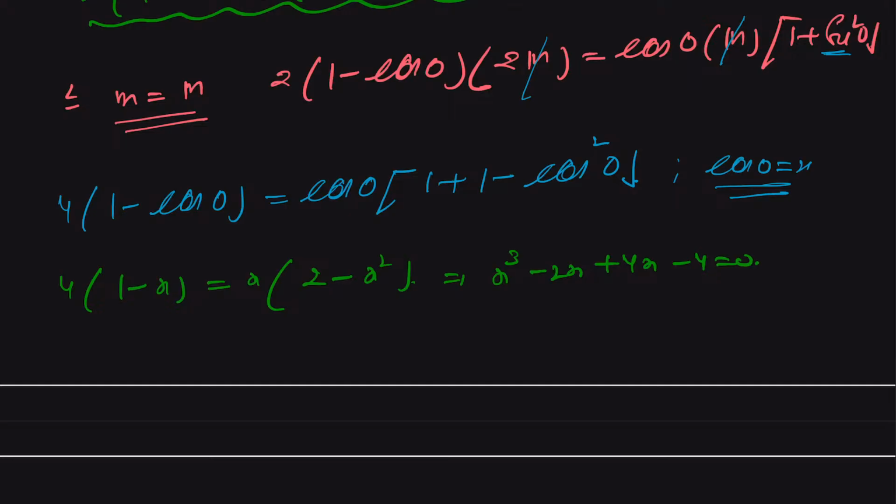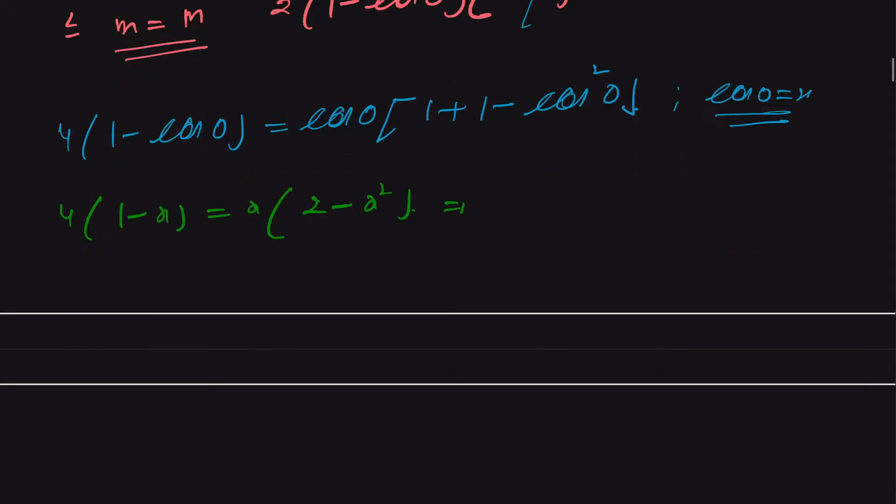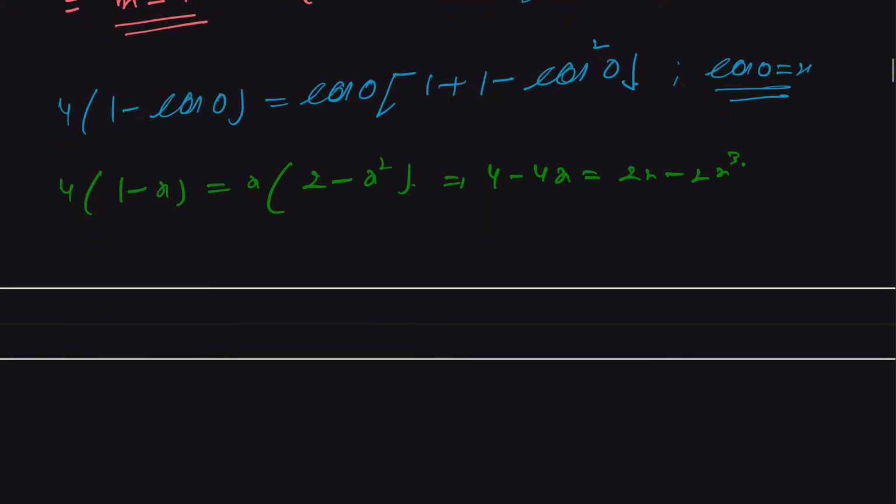This will be 4 minus 4x is equal to 2x minus 2x cube. Okay, so we get 2x cube plus 2x minus 4x plus 4 is equal to 0.